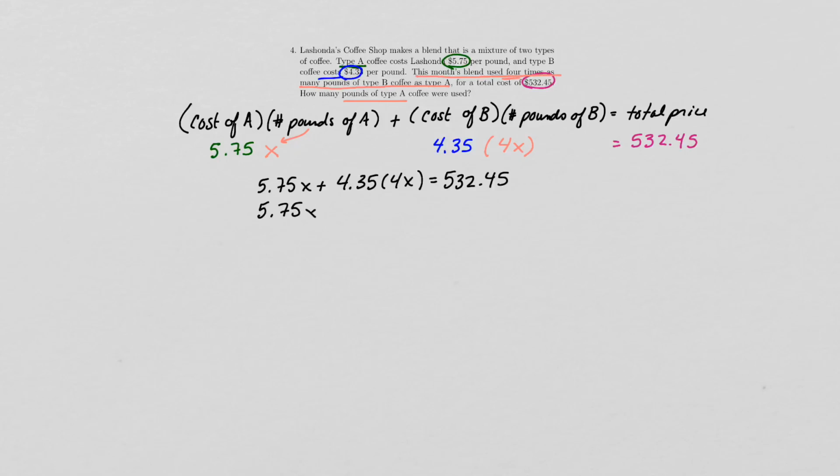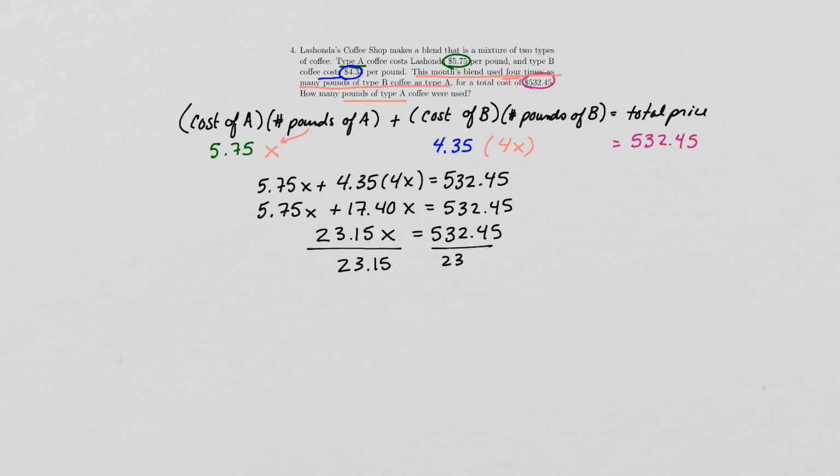So 5.75x plus 17.40x equals 532.45. If I add the 17.40 plus 5.75, we get 23.15x equals 532.45. If I divide both sides by 23.15, x ends up being 532.45 divided by 23.15, which is 23.